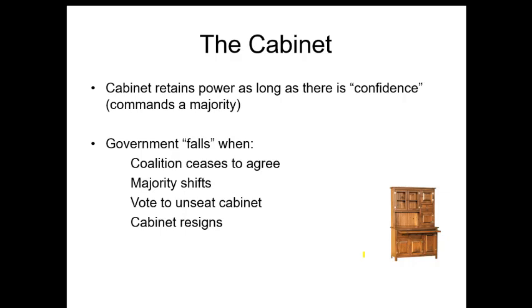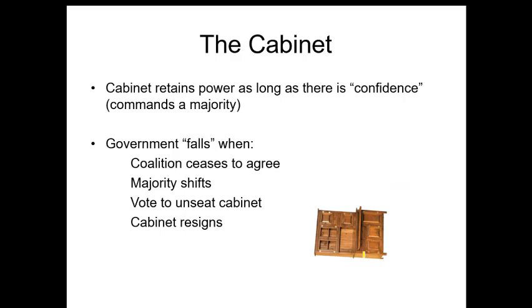Now, the cabinet retains its power as long as there is confidence in that government, which means it commands a majority. And there's a few reasons why the government could fall. You may have heard that term, to where the government has fallen. So this is where there's a crease in the coalition, and it ceases to agree, and the coalition splits. So therefore, nobody has majority control of the government, and so the government could fall and result in new elections or a new coalition forming.